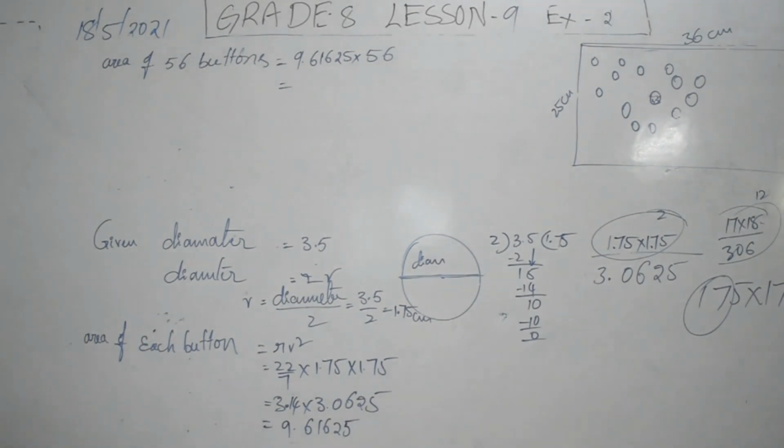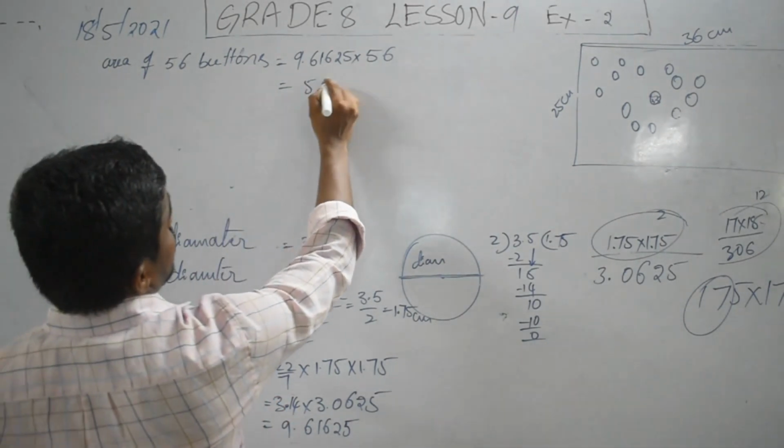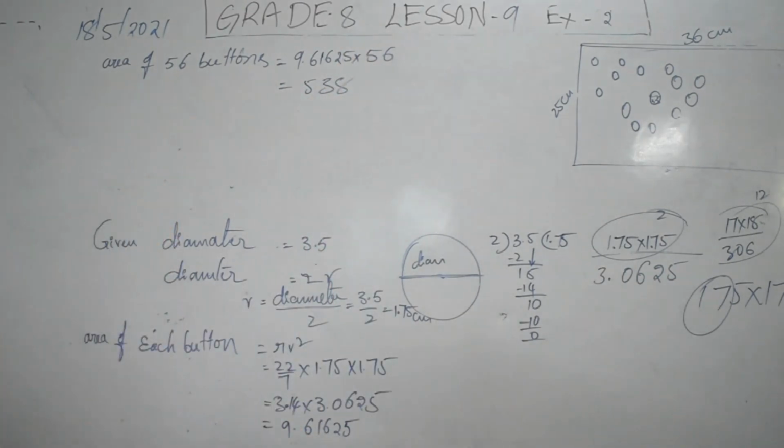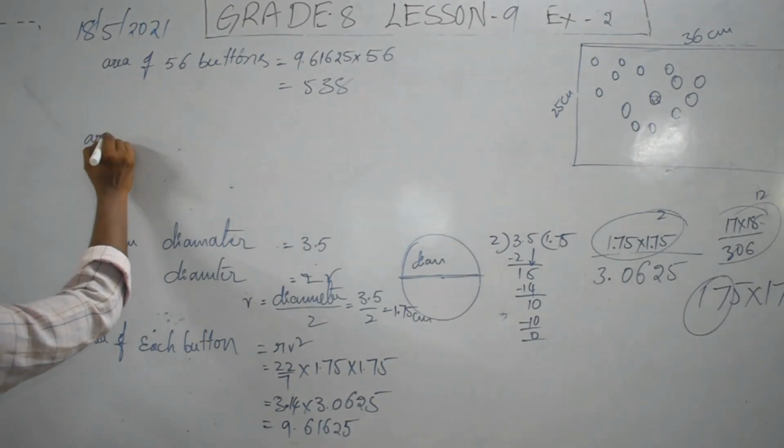The answer is 538. So totally, the area of 56 buttons is 538.